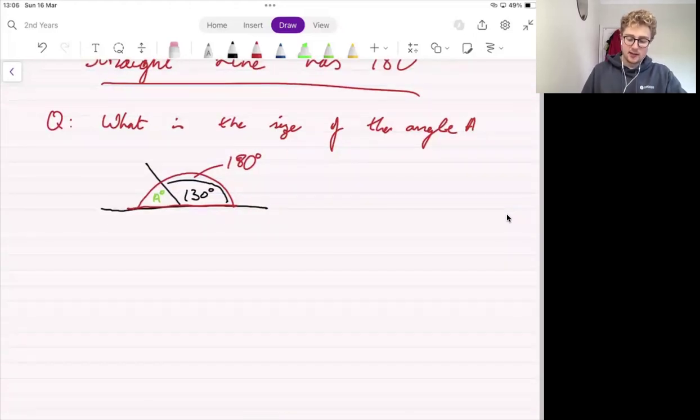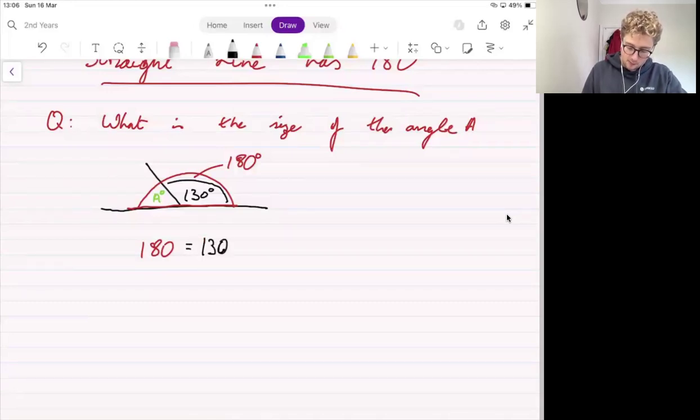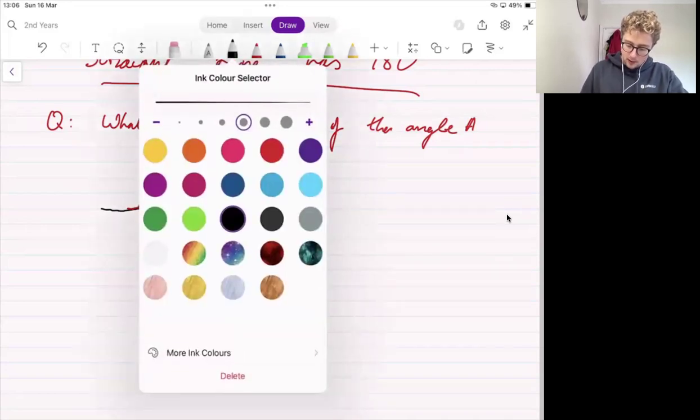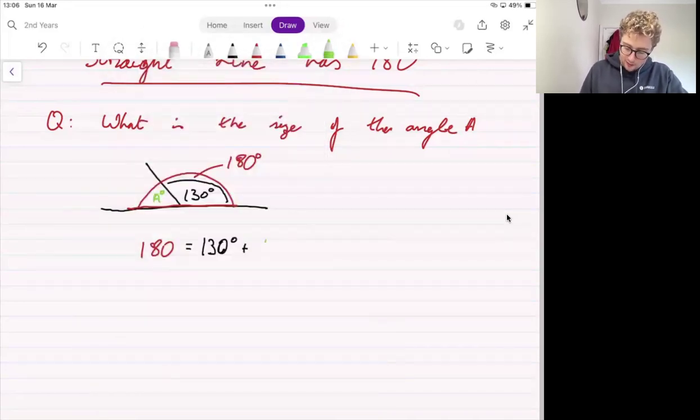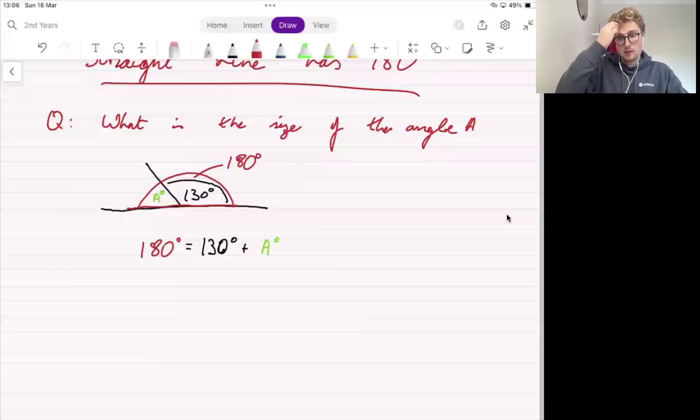And that 180 degrees is made up of two parts. It's made up of the part that we know to be 130 degrees, and also what we're looking to find, which is A. So I can use a little bit of clever algebra here and say that 180 minus 130, so bring over that 130, make it a minus.